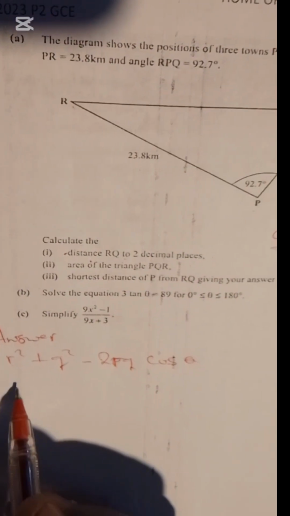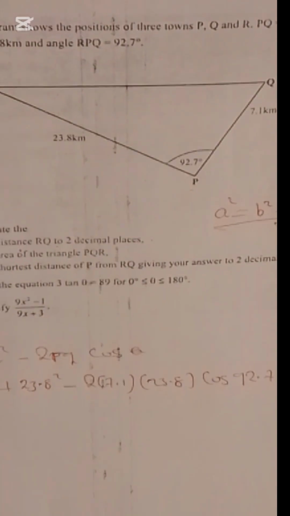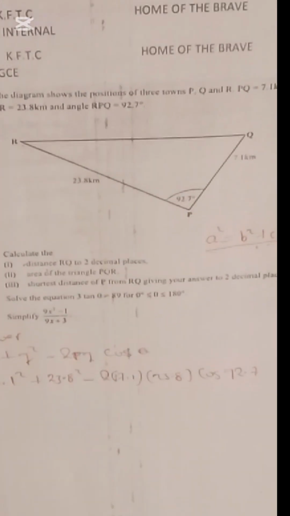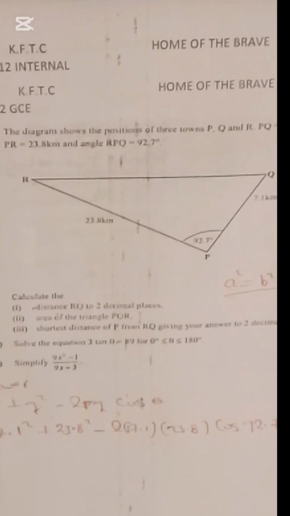R in this case is 7.1, that is squared, plus 23.8 squared minus 2 times 7.1 times 23.8 cos 92.7. So when you're dealing with trigonometry, you have been given two sides that enclose an angle, and then they want you to find the third side, always you're going to apply this formula called cosine rule condition 1.